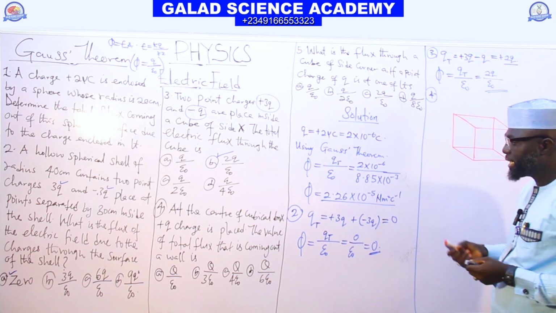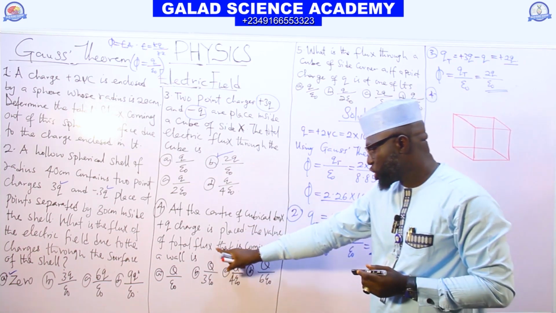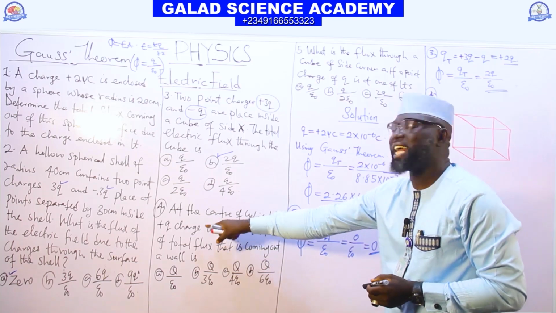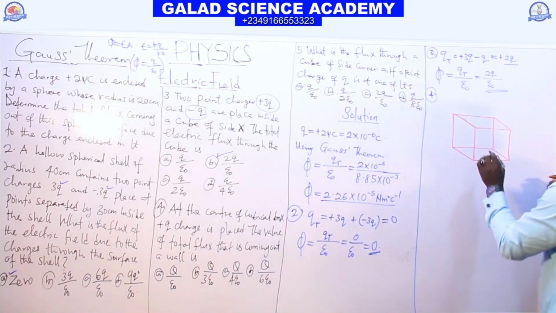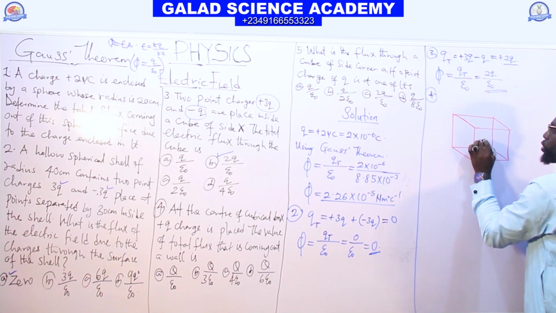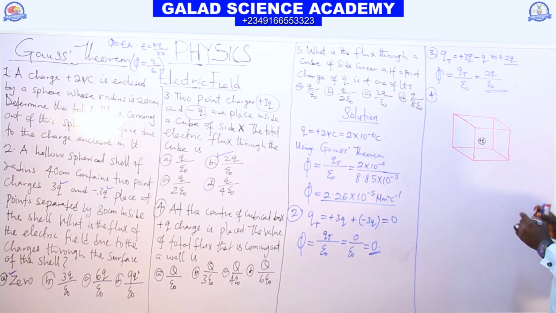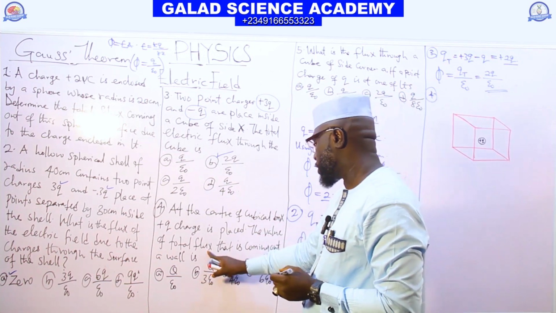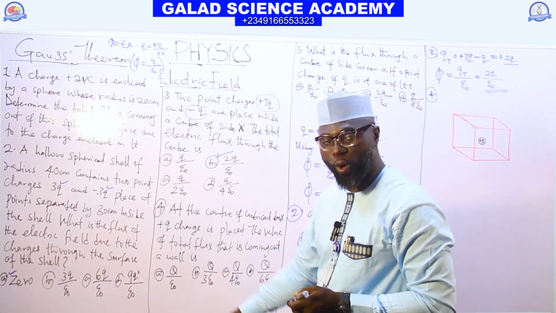They said a charge Q is placed at the center of the cube. So let me say this is the center of the cube where we place the charge Q. You are now asked the value of the total flux that is coming out of the wall.